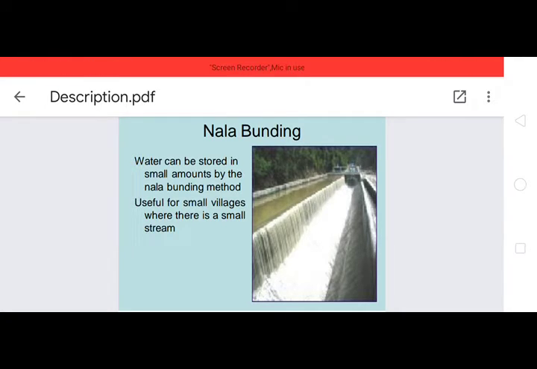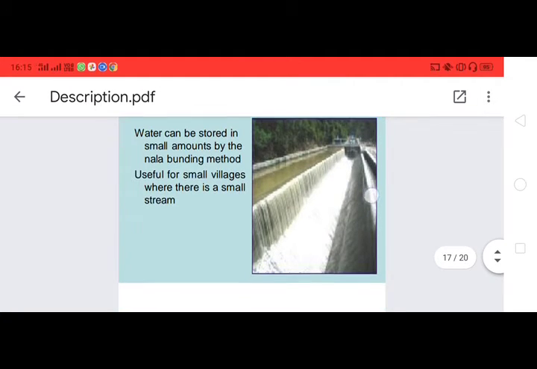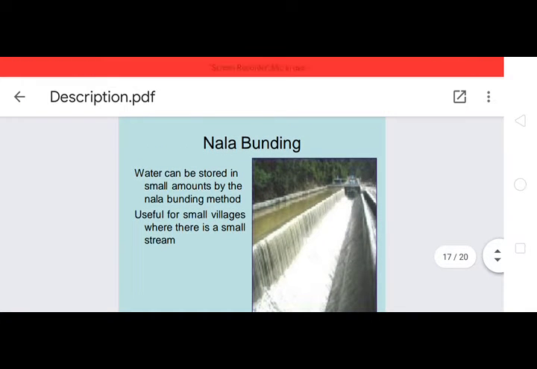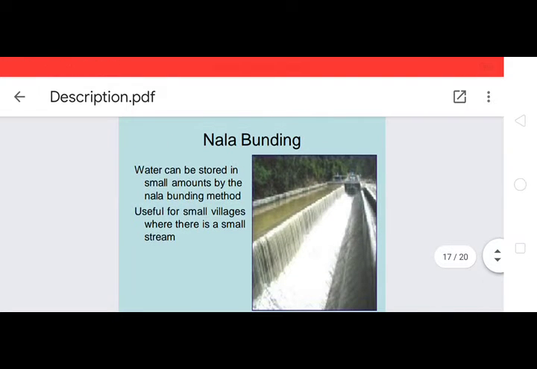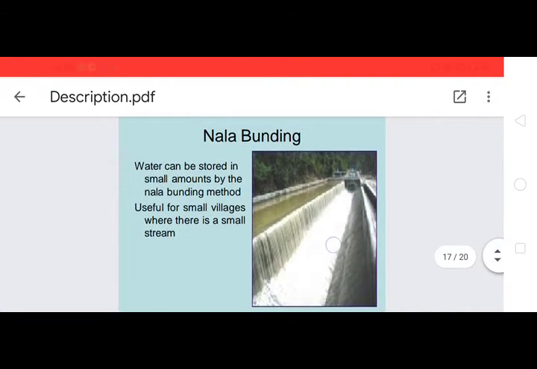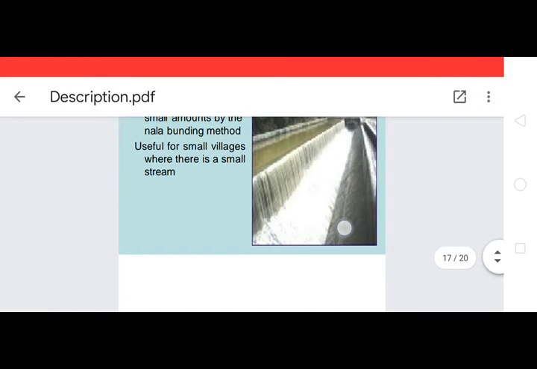It is constructed along the path of water flow, so that the velocity of the water is interrupted and water suddenly flows from a height, so that a good amount of water is captured here and used for various purposes when the rainy season is gone.